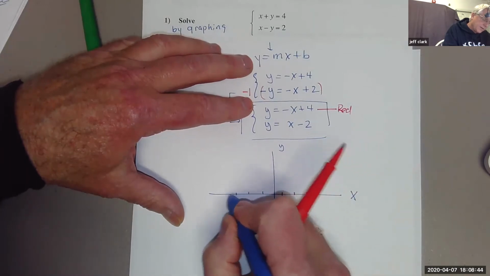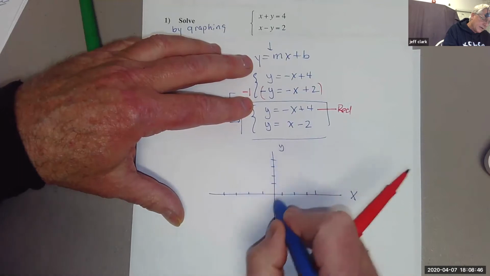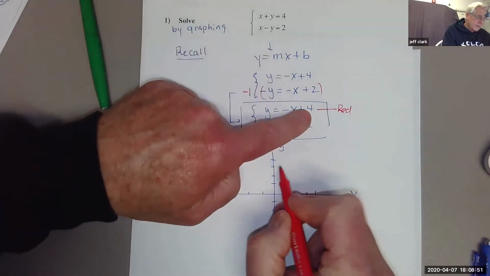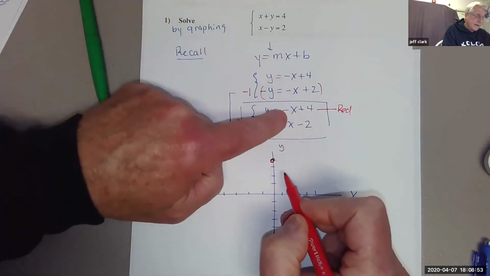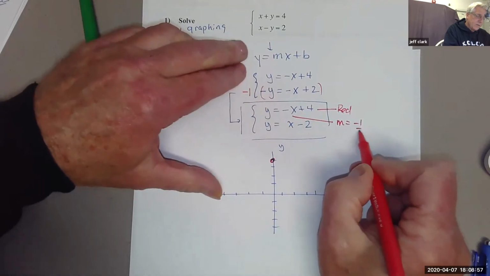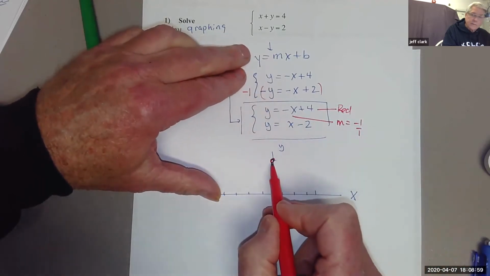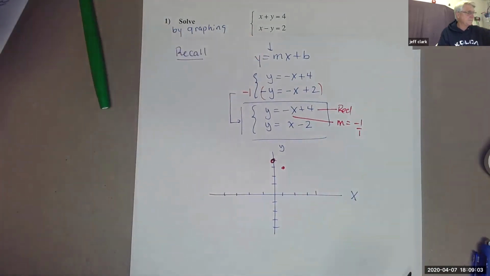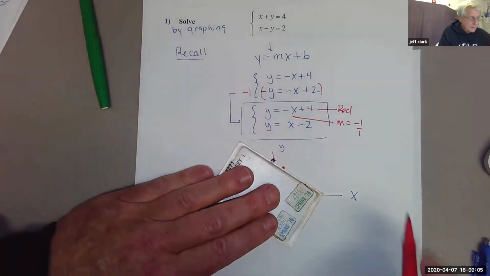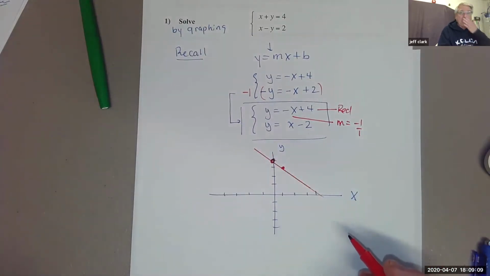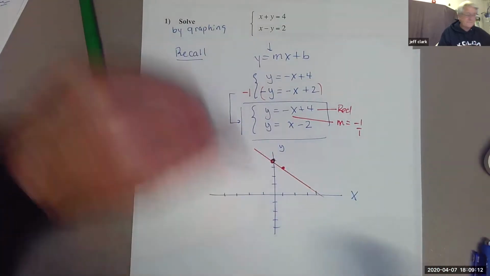So according to this, the y-intercept is 4, and the slope m is equal to negative 1 over 1. So we go down 1 and right 1. Connect the dots, and we've got our first line.